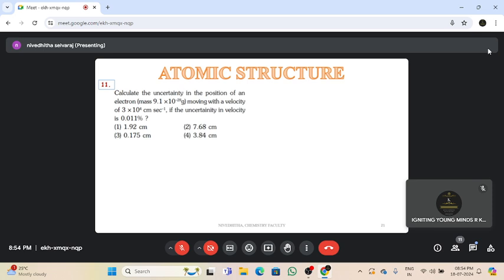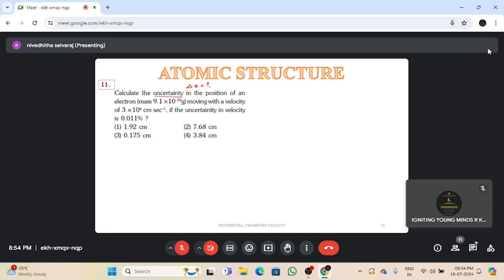Okay. Here the question is from Heisenberg's uncertainty principle. Let us see how to do this, and after this we'll wind up the session. They're asking us to calculate the uncertainty in position, which means delta x, of an electron whose mass is given in gram, but you can use it in kilogram also.